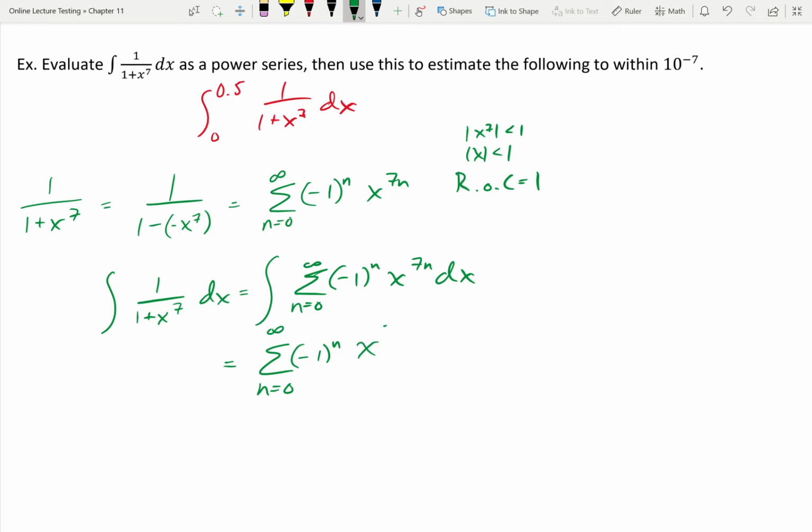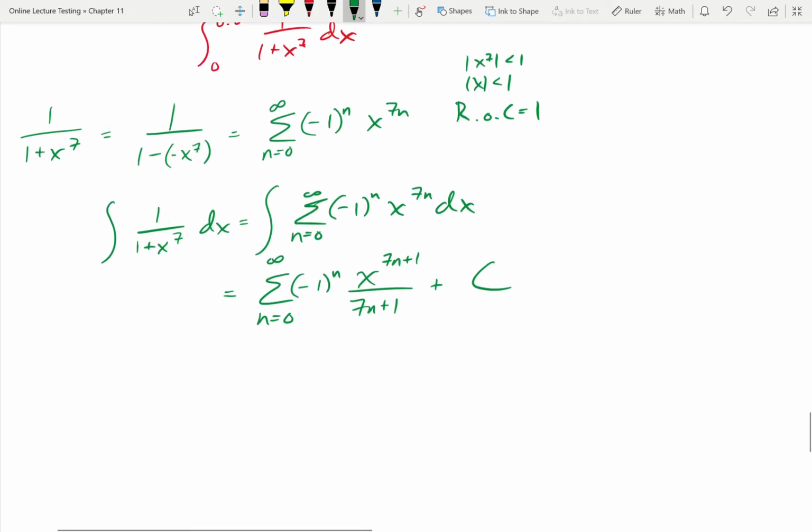That means we get x to the 7n plus 1 divided by 7n plus 1, plus our constant of integration. So this is the power series representation of the integral of 1 over 1 plus x to the 7th. Our terms are c plus x minus x to the 8th over 8 plus x to the 15th over 15 minus x to the 22nd divided by 22 plus x to the 29th over 29 and so forth.